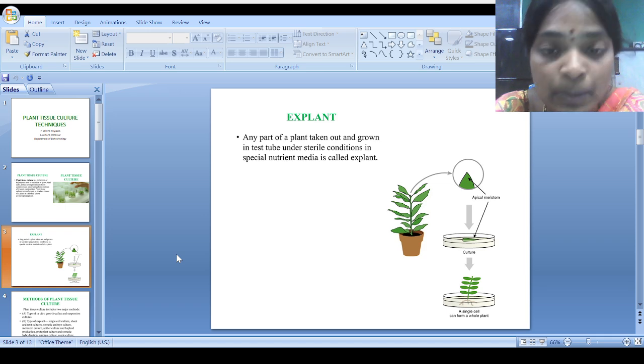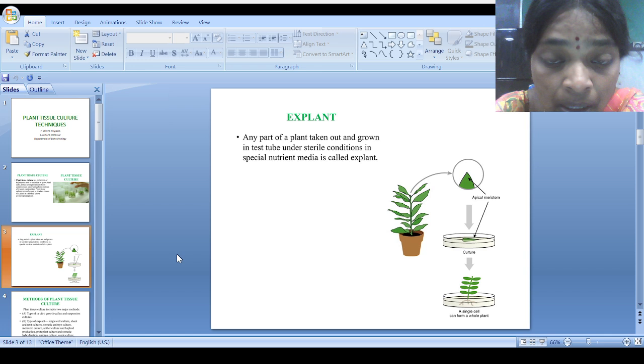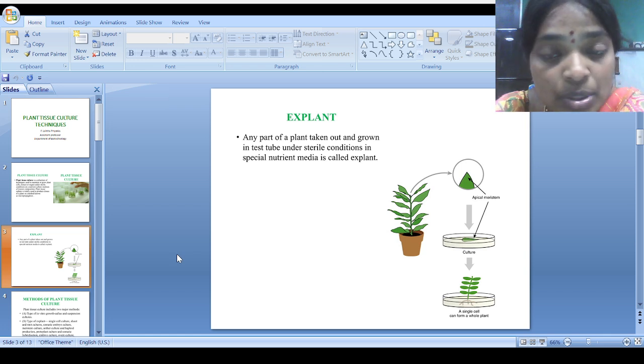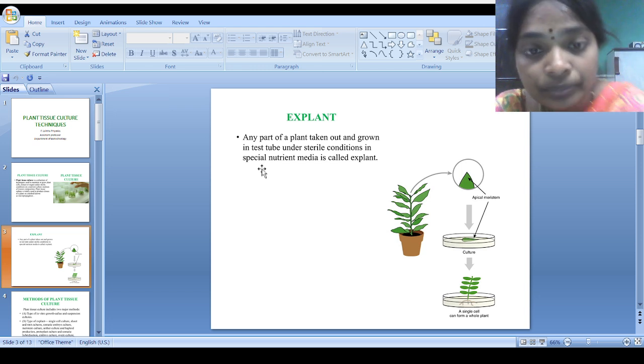From that explant we are expecting callus and shoot organogenesis, and some roots and shoots to arise. An explant is any part of the plant taken out and grown in a test tube under sterile conditions in a special nutrient medium.